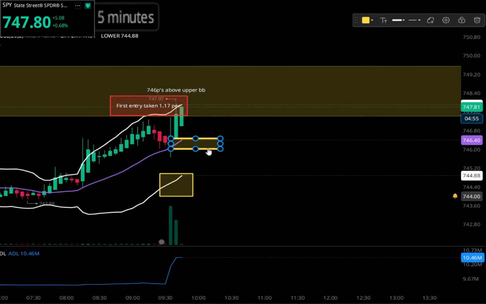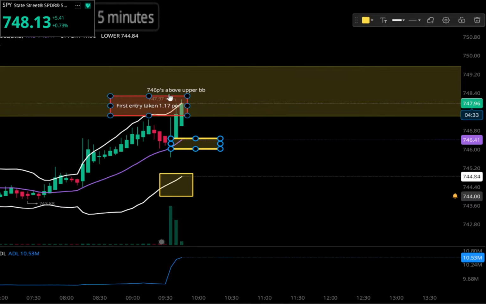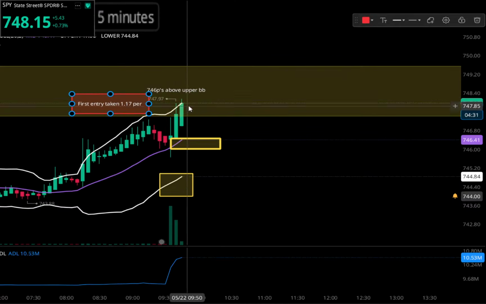Now we did have the 5 mod tick upward a little bit, so that means we do need to edit our order. And we do need to change that to 746.45. We always want it to be slightly above where we have the actual 20 mod itself. Now we're still pushing into the upper Bollinger here.